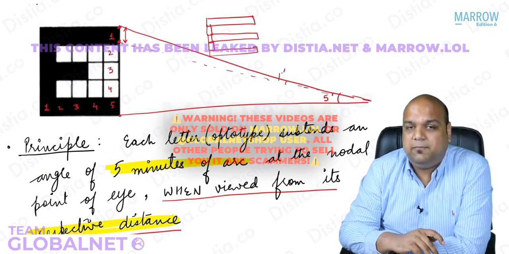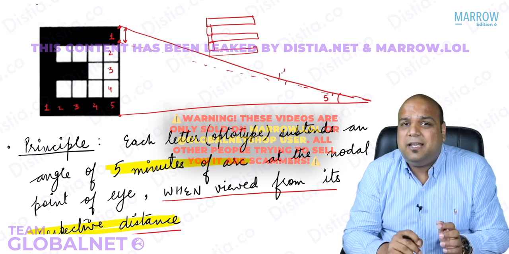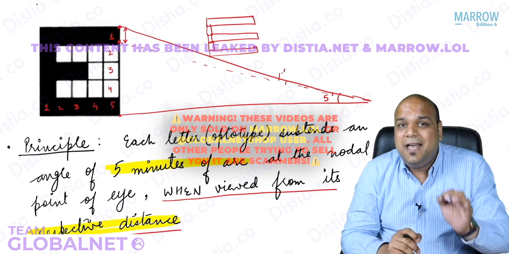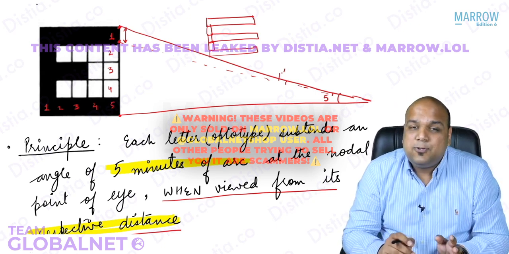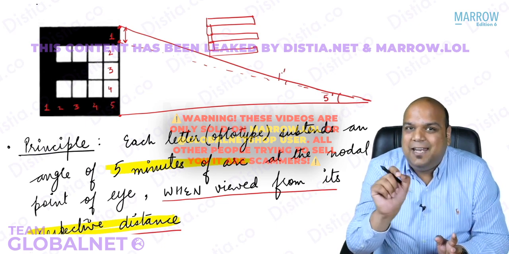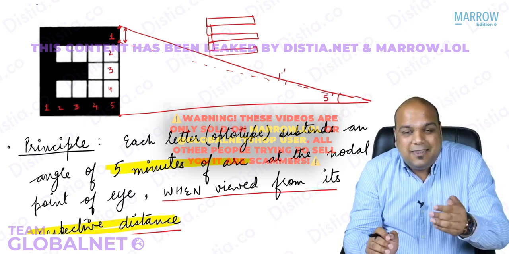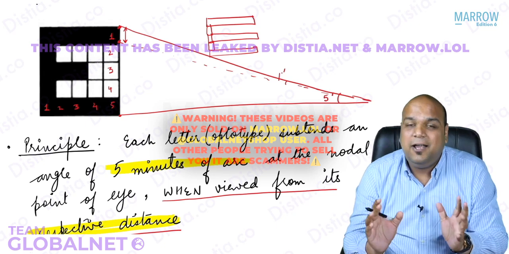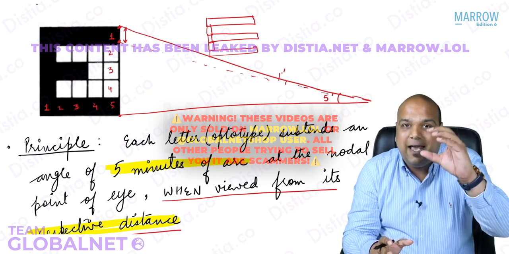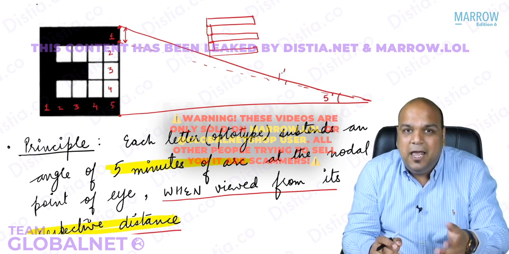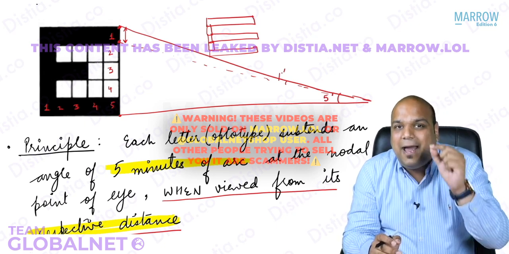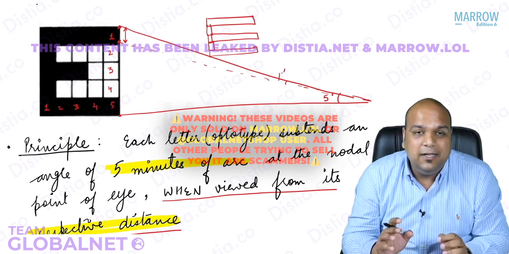Now, why 1 minute, everybody? Because we have just read that the minimum angle of resolution is 30 to 60 seconds of arc, or 1 minute of arc, everybody. So to be able to discern each stroke of the letter, this is how Snellen's chart letters are made, everybody. And the size is decreasing because the nearer we are coming, the smaller the letter can become, and the angle still remains the same.